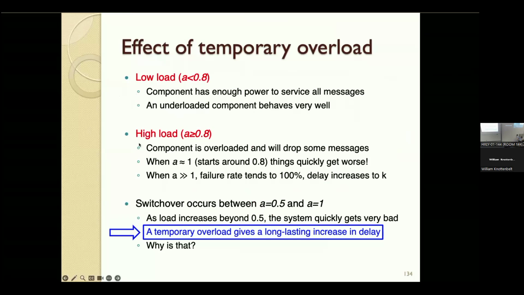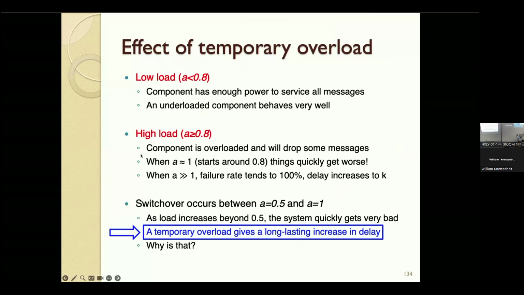But when the load gets high, some messages will be dropped. There will be failure when A is equal to around 1, but it actually starts getting bad already around 0.8. The problem is the input packets are exponentially distributed, which means that some of them will bunch together. So once you start getting close to 1, there will be periods when it seems like you're actually at or even greater than 1 because of that.